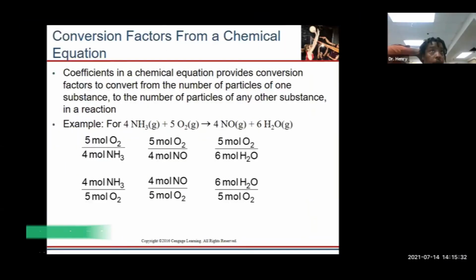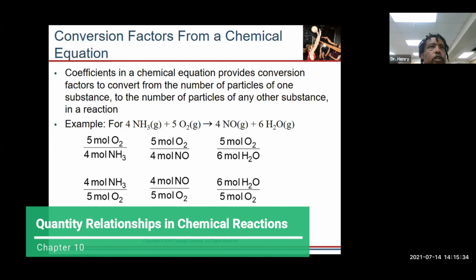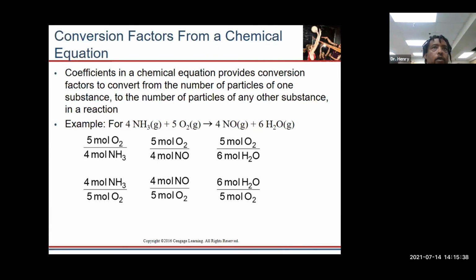So if we have this chemical equation, this is the chemical equation for ammonia reacting with oxygen. It's going to form nitrogen monoxide and water. This is a balanced chemical equation, wouldn't you agree? Okay, so it is balanced.